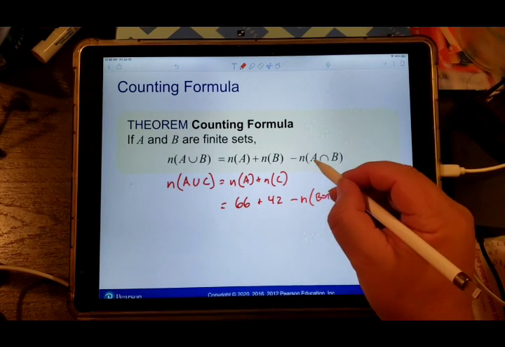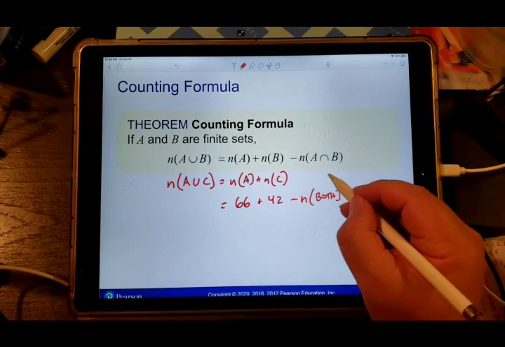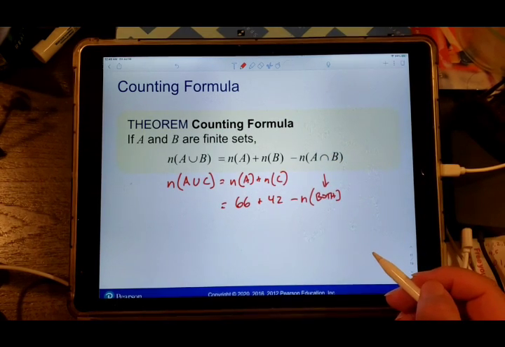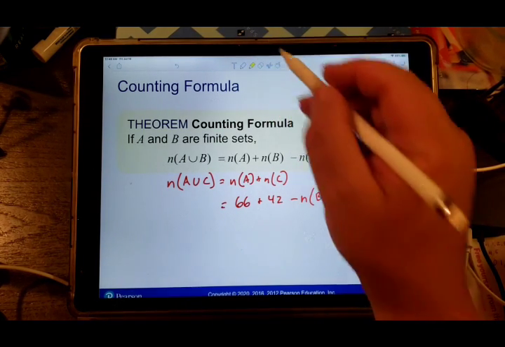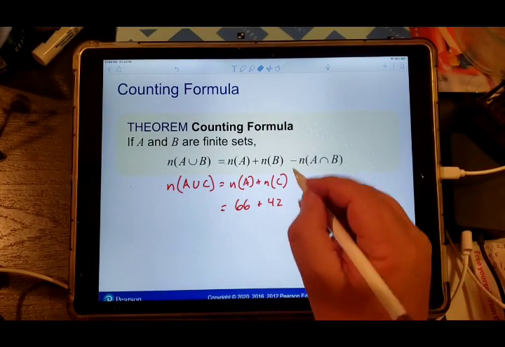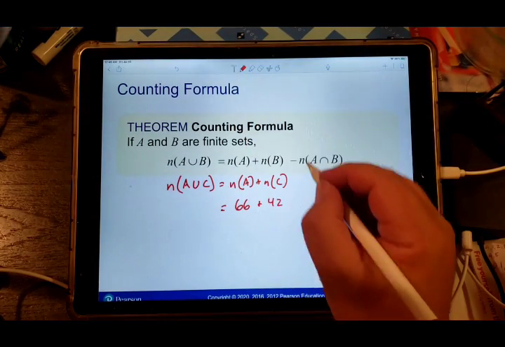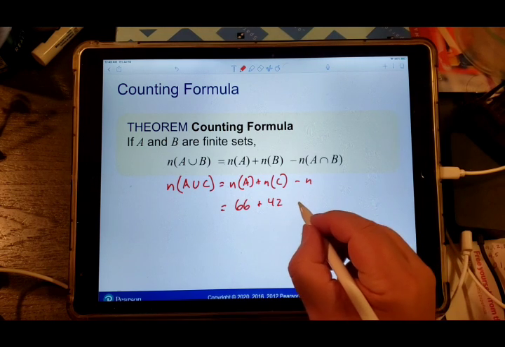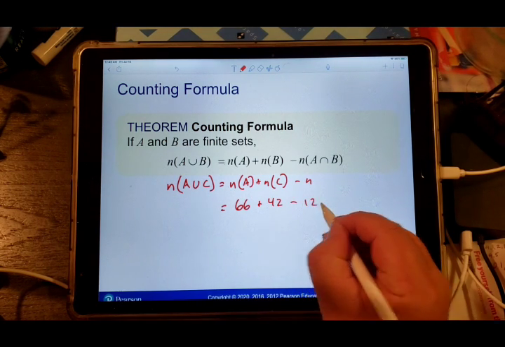And that's what this means. When we say A intersect B, we mean the students in both. Actually, I should have written that here. Number in both was 12.